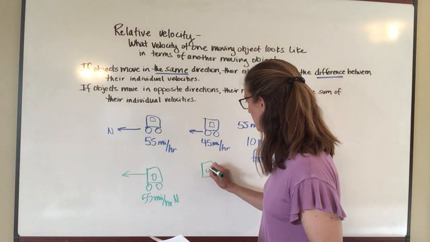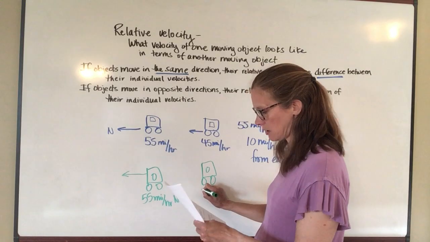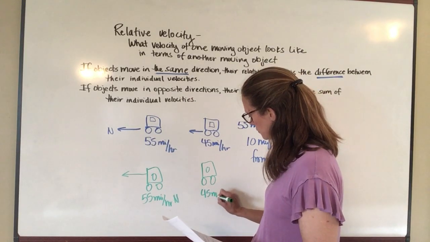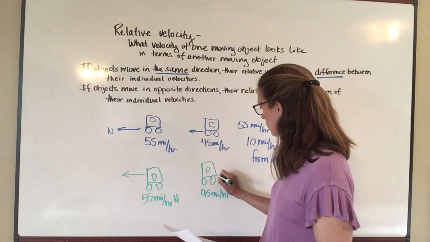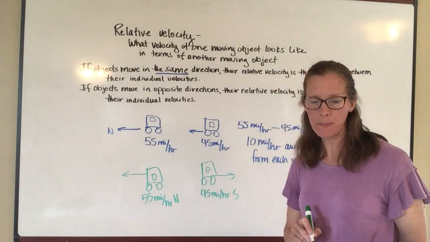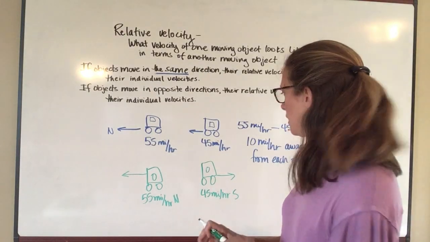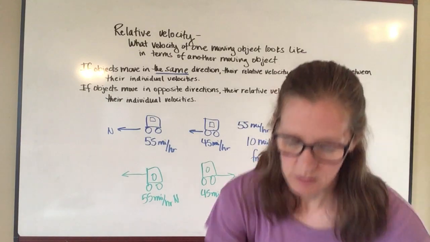So again, the picture looks really similar, but this time he's going at 45 miles per hour, but this time he's going south. So he's going this way. Okay, so they're going opposite directions. So now what's their relative velocity?